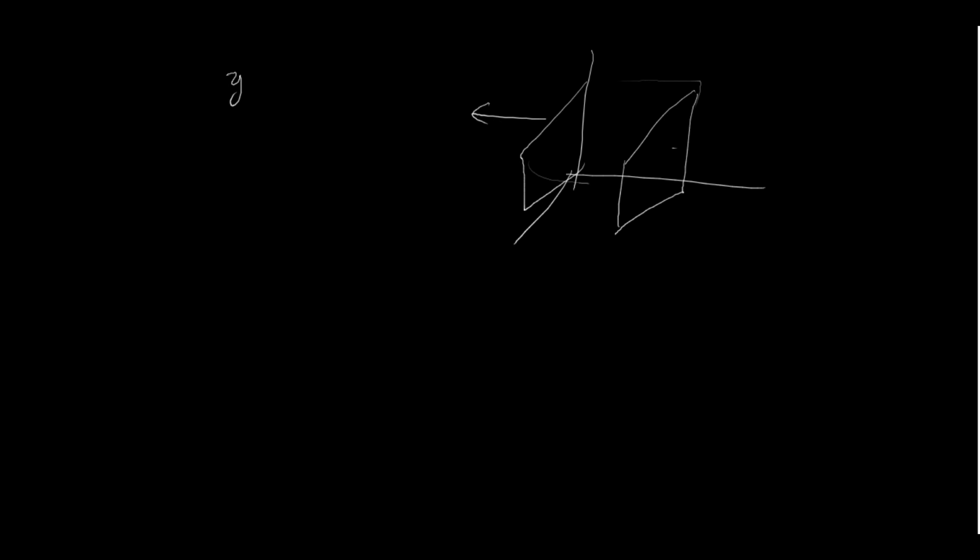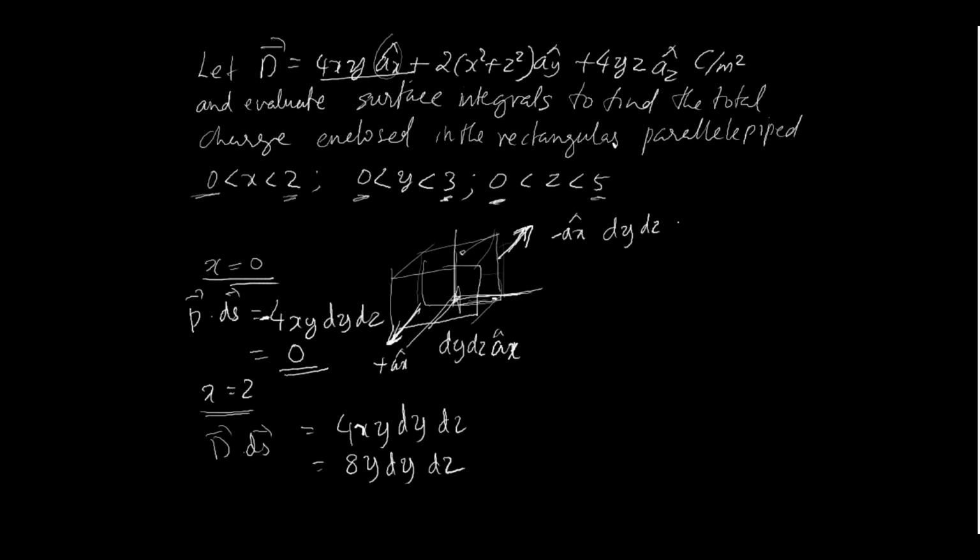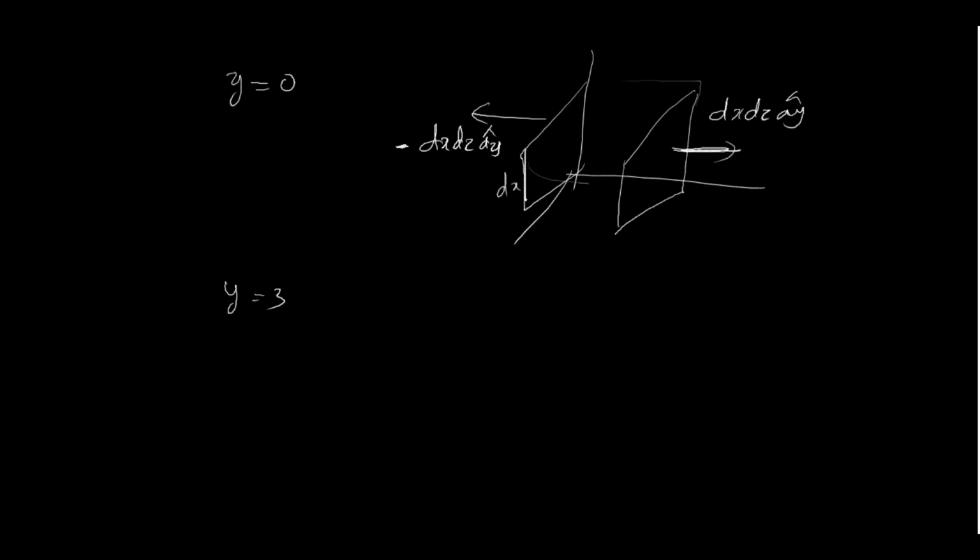At y equal to 0, dS will be minus dx dz ay cap, because the direction is the other way, and the components are dx and dz. In this direction it will be plus dx dz ay cap.